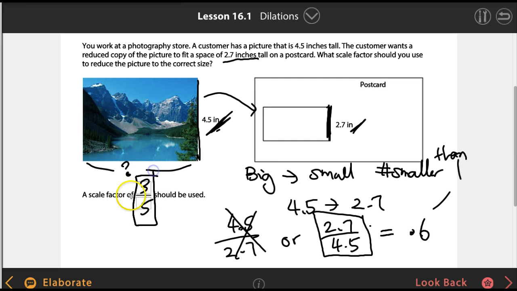And you might be like, Miss Choi, how did you get 3 over 5 from 0.6? Well, because 0.6 is the same as 6 over 10. And then I divided top and bottom by 2, which gave me 3 over 5. But on your test, if you just give me the decimal form 0.6, that's gonna be good enough for me, okay? Whenever you go from big to small, just remember you have to multiply by a number smaller than 1. And that is the most important thing.